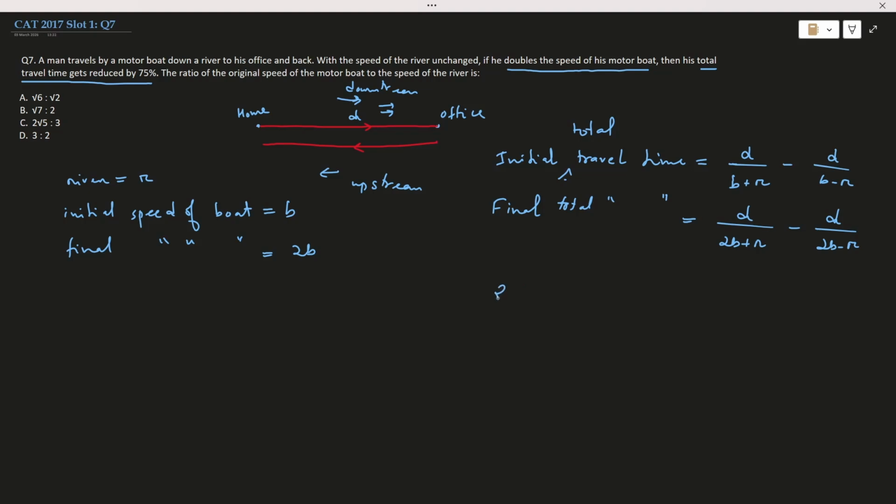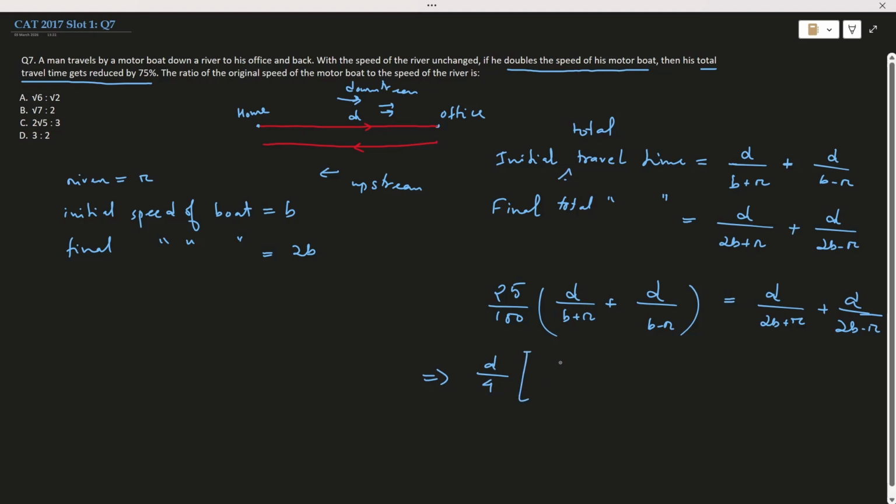That means the new time is 25% of the initial travel time. Because his total time gets reduced by 75%, the new travel time is 25% of the original time, which is basically d by 4 times the initial travel time. The initial expression can be written with b square minus r square.